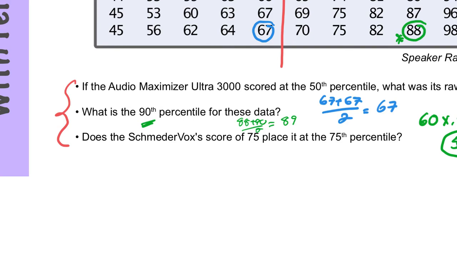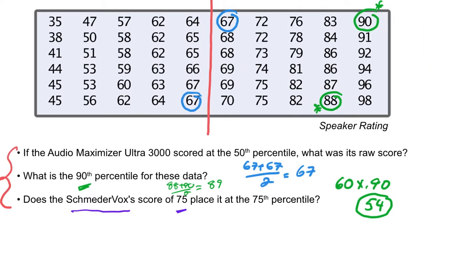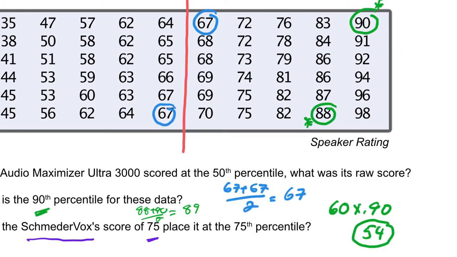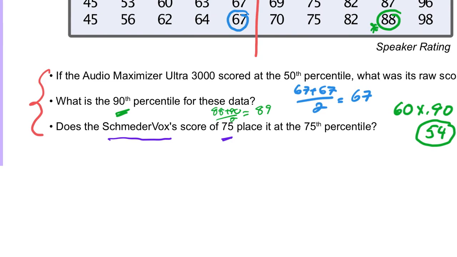Lastly, the Schmedervox score of 75, does that score place it at the 75th percentile? Well, we can see a whole bunch of 75s there, but does that score actually hit the 3/4 mark? So again, 60 pieces of data times 0.75, and that's going to equal data point number 45.